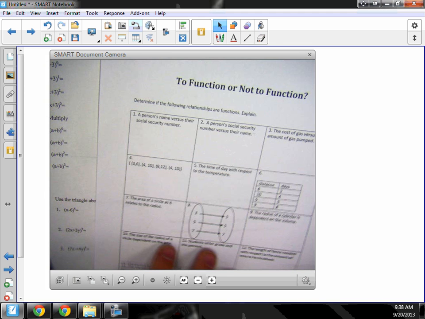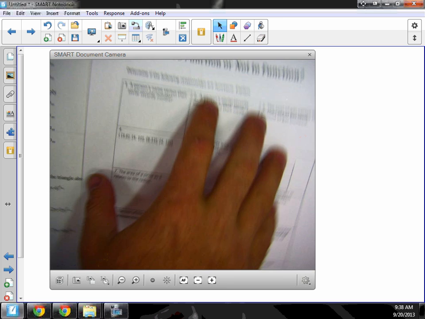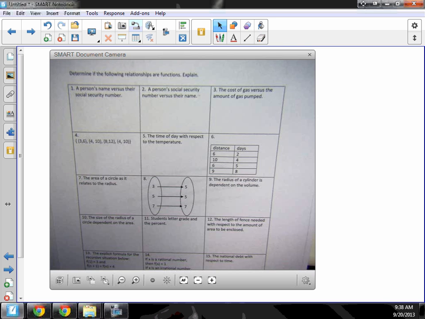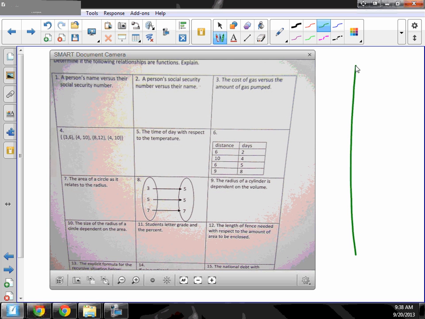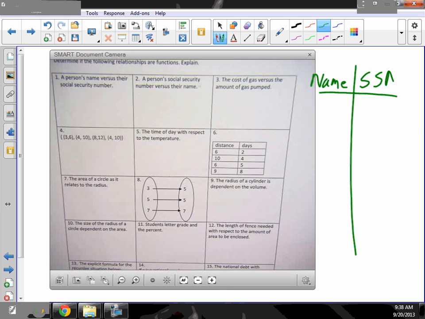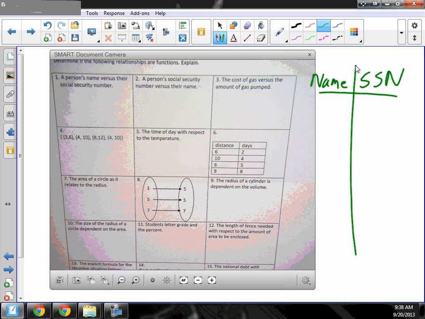Number one says we're going to create a function of a person's name versus their social security number. So if we create two columns, we listed all of the people in the United States and then social security numbers, would that create a function? CJ, why not? It would have to be the exact same name, first name, middle name, last name.